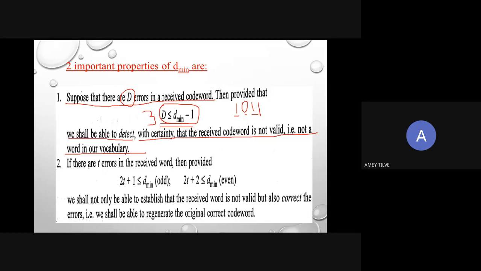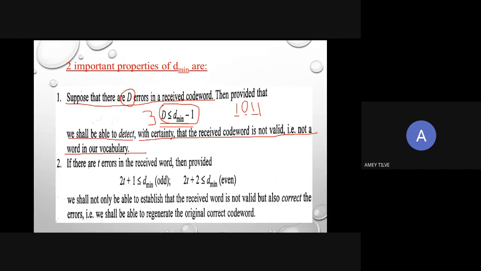First we have to check whether D is less than or equal to d min minus 1. If this condition is satisfied, then only we will be able to detect the error properly. If it is not satisfied, we won't be able to detect the error in the received code word.